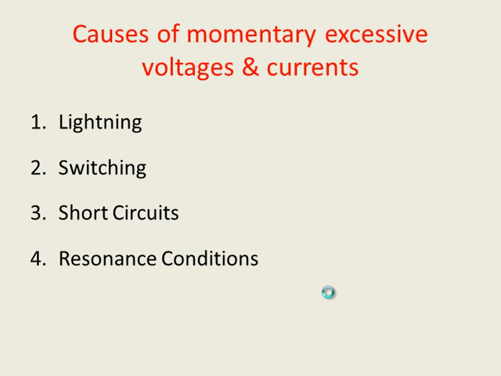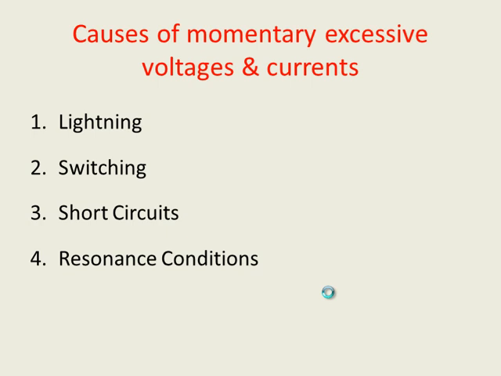Now, out of these four, lightning and switching are the most common and usually the most severe causes. I am repeating, out of these four, lightning and switching are the most common and usually the most severe causes. The most damage being done to the power system is by the first two.